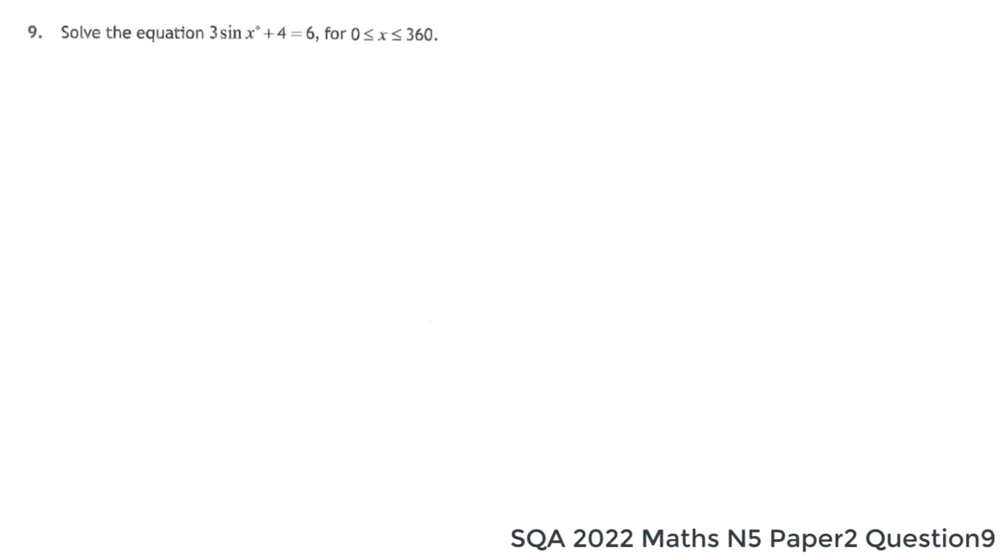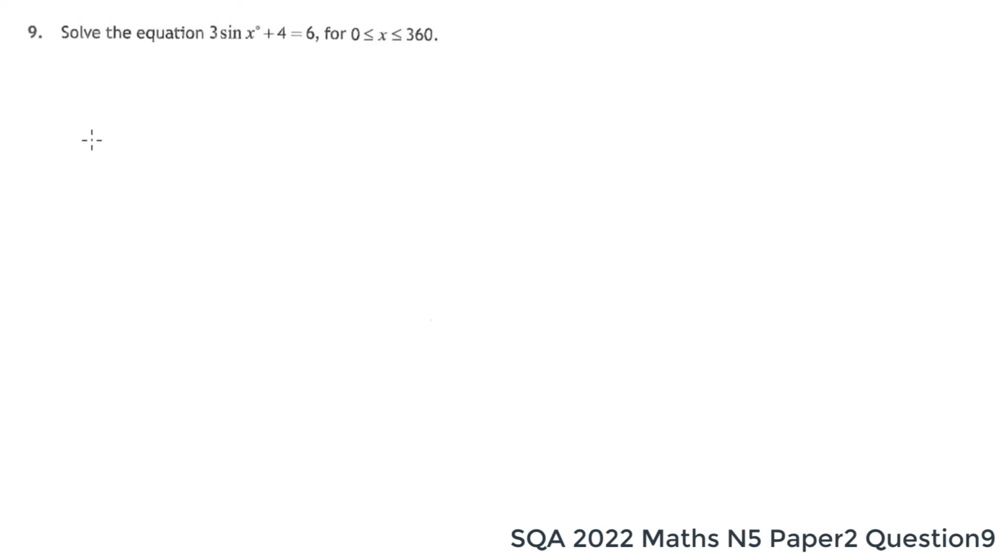So here we are at question 9, where we have to solve this trig equation, 3 lots of sine x plus 4 equals 6, and we have to solve it for angles ranging from 0 degrees up to 360 degrees.